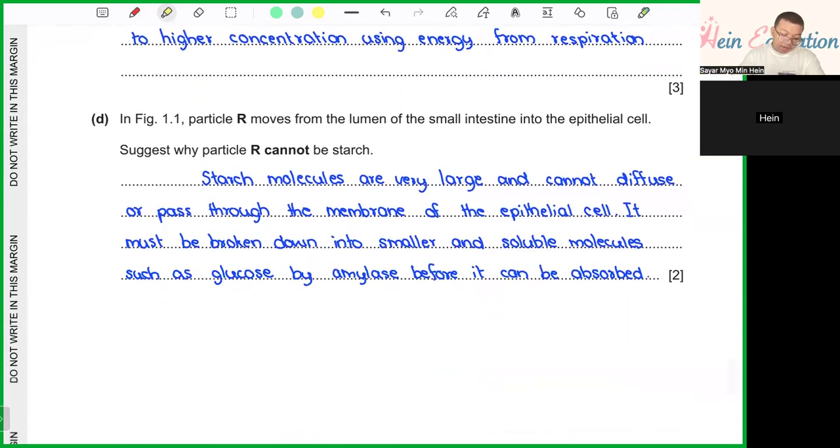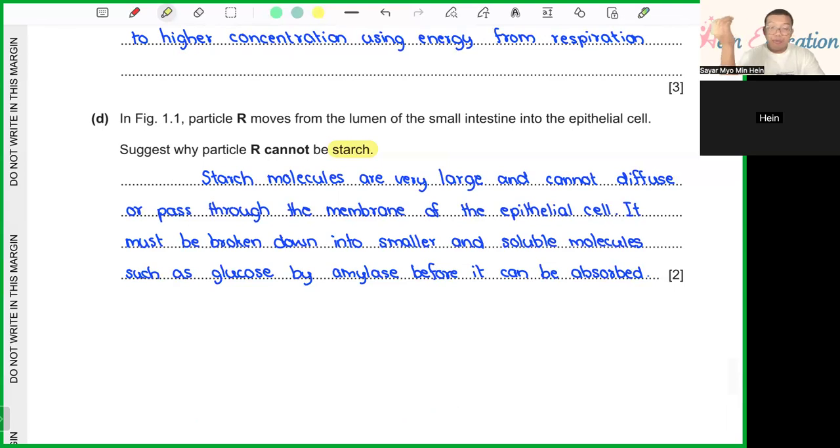And also in figure 1.1, particle R moves from the lumen of the small intestine into the epithelial cells, and we are asked to suggest why particle R cannot be starch. You have to remember, starch is a polysaccharide, which is a large molecule, and it cannot be transported by diffusion. Starch molecules are very large and cannot diffuse or pass through the membranes, since they are a type of polysaccharide.